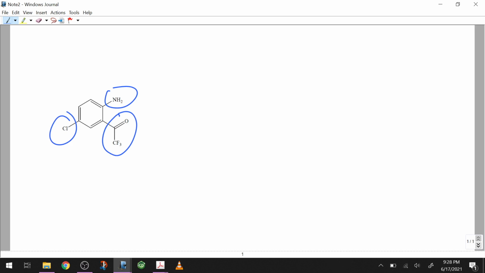So we have to think then, what do I have in terms of directing ability here that I can work with? Do I have the ability to put these in a very specific way without dealing with an unfavorable mixture of isomers or without getting the wrong isomer, which is useless? So first we want to look at where the directing is here and see whether there's any specific order we have to use.